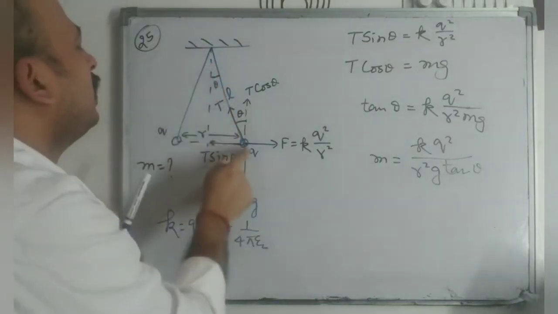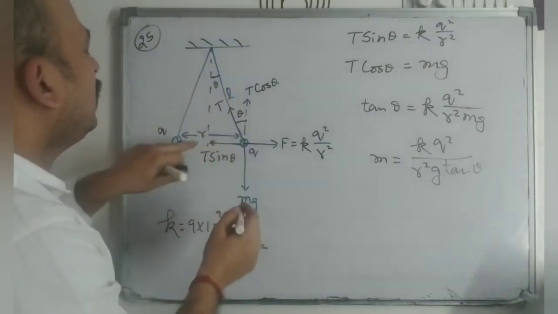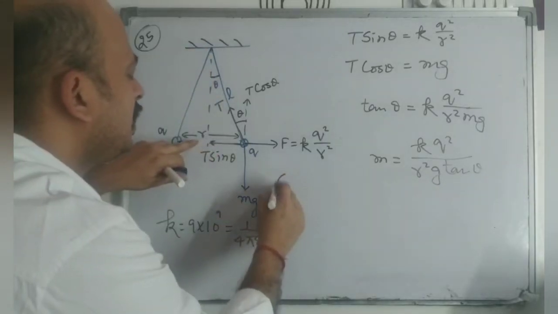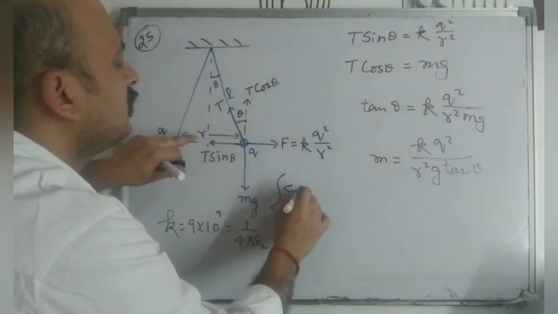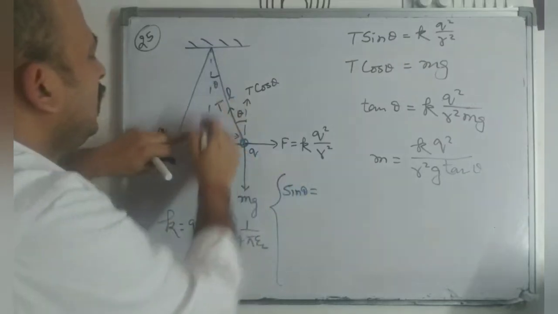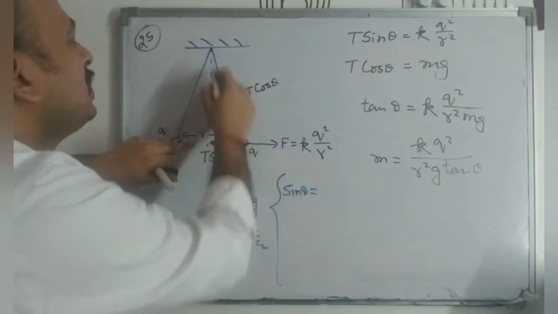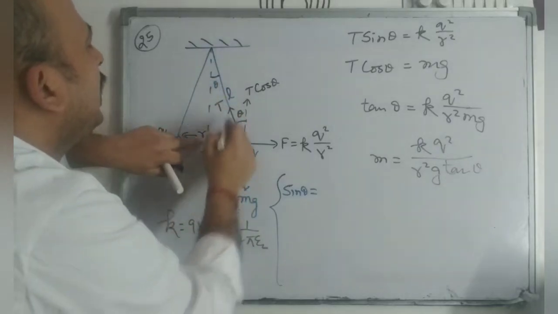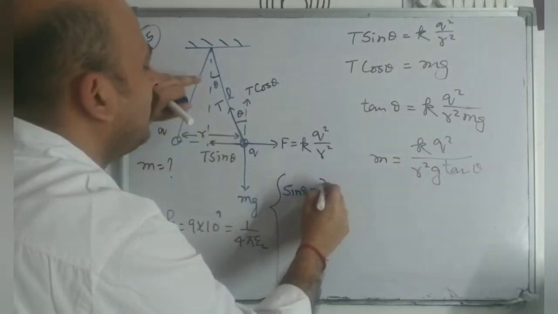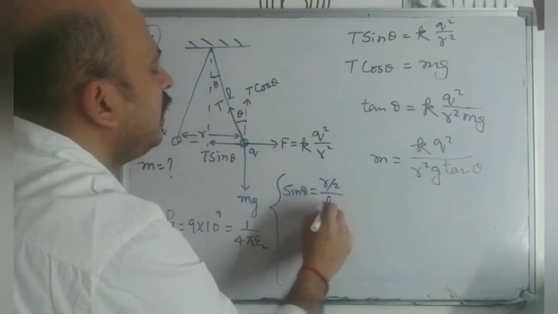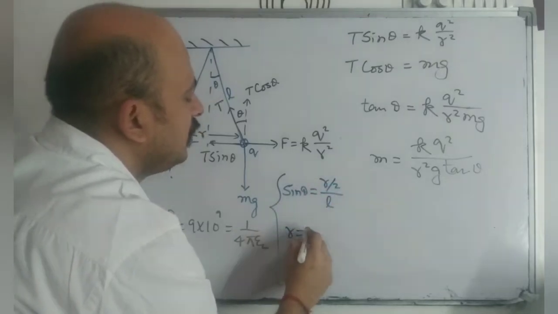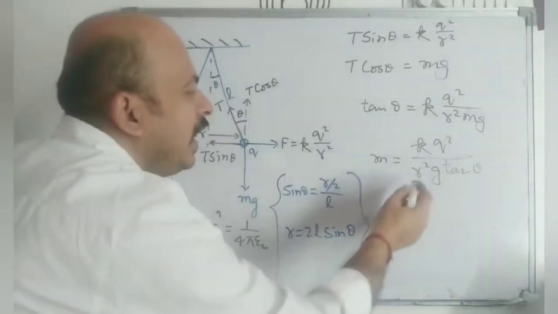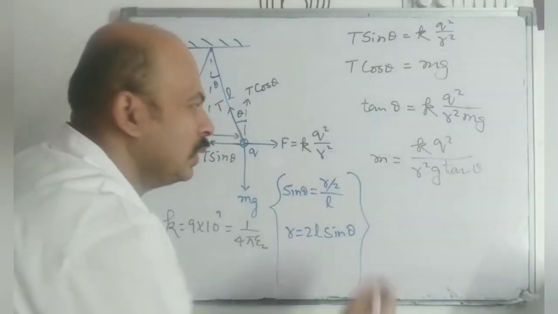Look at this triangle. In this triangle, this is the perpendicular, this is the hypotenuse, this is the base. So sin theta is perpendicular upon hypotenuse, that is r by 2 divided by L. So r will be equal to 2L sin theta. Now that r can be replaced by 2L sin theta.